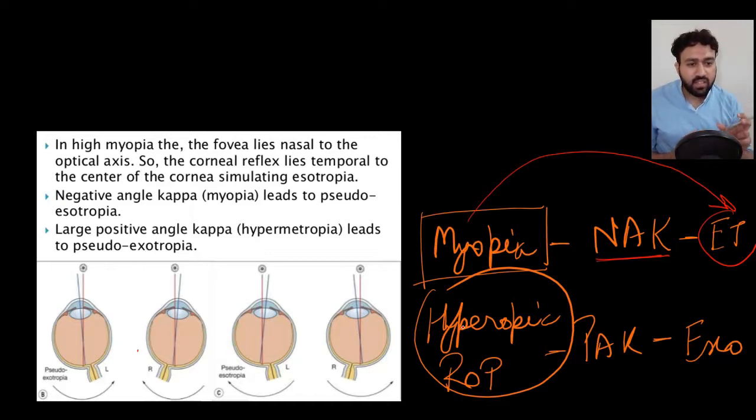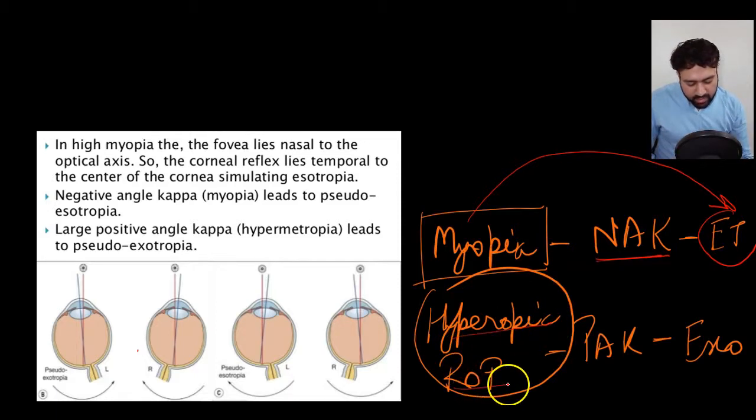By convention, nasal is positive angle kappa. So the positive angle kappa further increases. If it was 5 degrees normally, it's going to be 8 or 10 degrees, right? And when the corneal reflex moves nasally, based on our Hirschberg knowledge, it means an exotropia, correct?